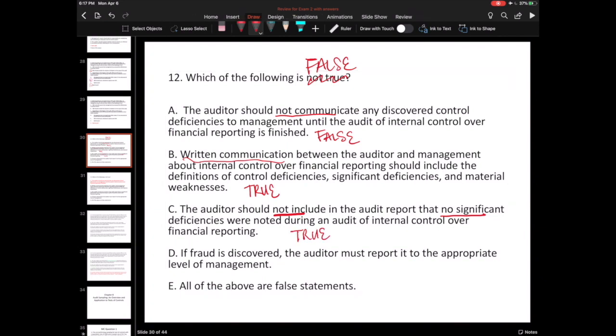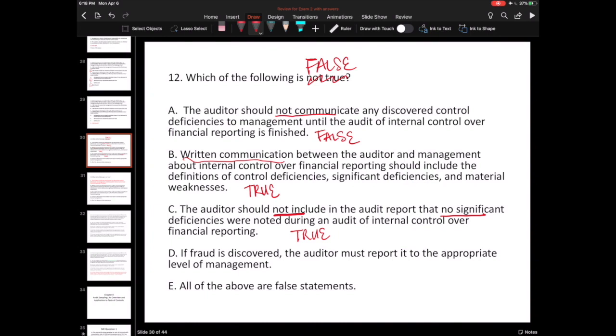The only thing they would want to mention in their report would be material weaknesses. So I should not include that there were significant deficiencies. I should not include that there were not significant deficiencies. Basically, I should not mention them at all, either way.